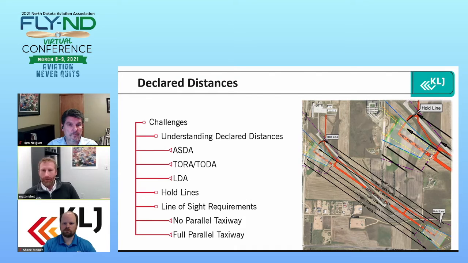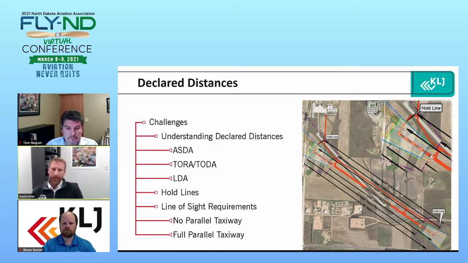If I could, I would have a big caution sign that pops up here, but I don't. More or less, it's a decision that shouldn't be taken lightly to go this route. Using declared distances takes a while to understand the intricacies of. A displaced threshold that reduces landing distance available is one thing, because you have visual cues that make it a little easier for pilots and everybody else in the aviation community to understand.